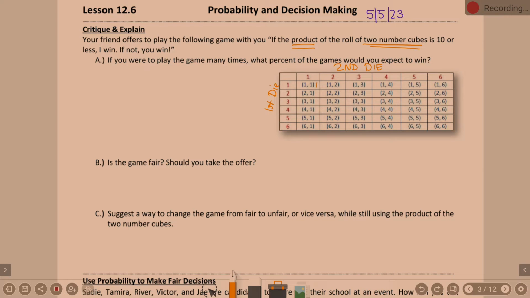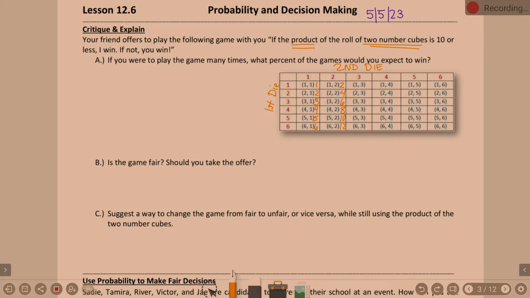So if we start writing in the products, 1 times 1 is 1. If I go down the column, 2 times 1, 3 times 1, 4 times 1, 5 times 1, and 6 times 1. Okay? Just keep going. The next column, 1 times 2 is 2. 2 times 2, 3 times 2, 4 times 2, 5 times 2, and 6 times 2.